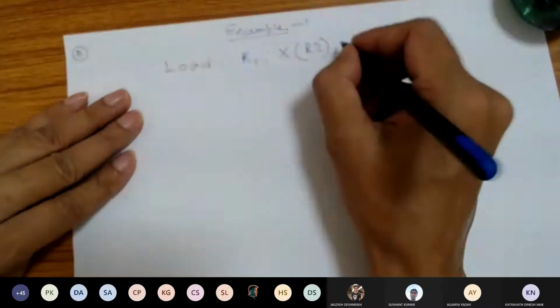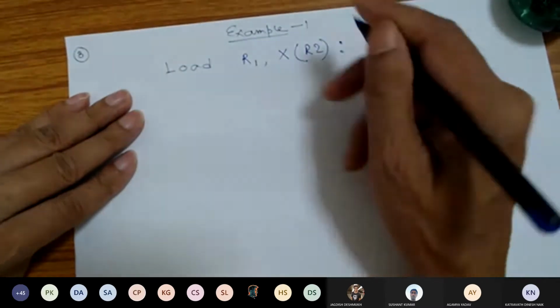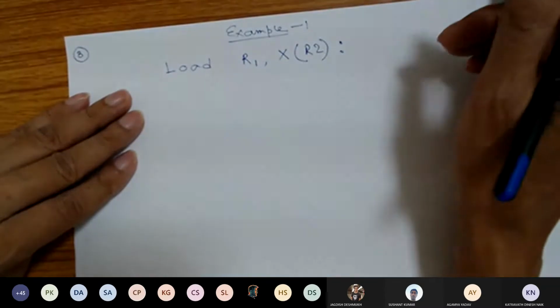What it does actually, if you look into the description or register transfer notation, let us write the description.